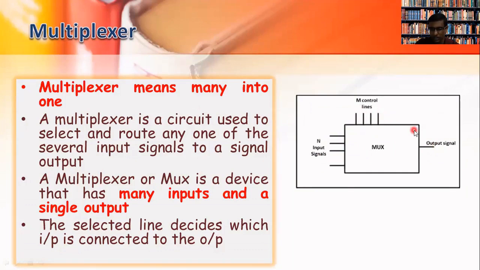So multiplexer is a device in which it has many inputs and only one output. The selection lines decide which input should be connected to the output line.